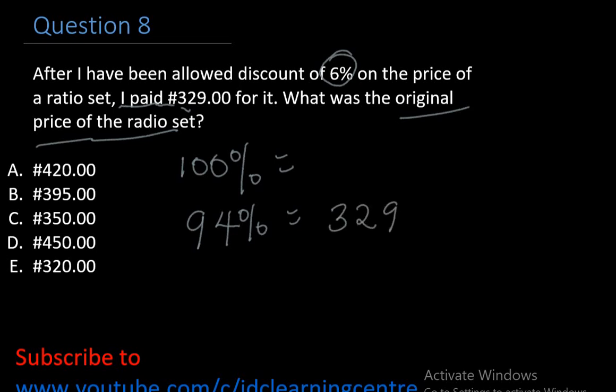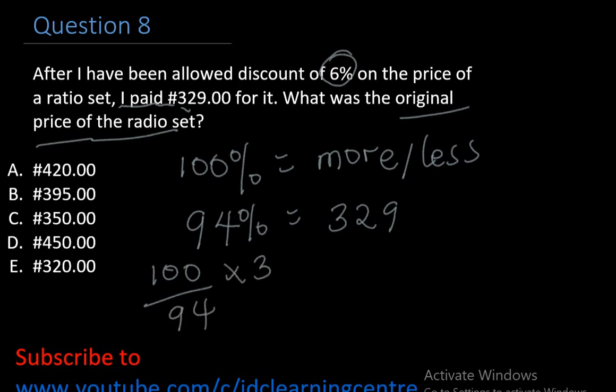So 94% was what he paid for, which is 329. The original price, which is 100%, will definitely be more than the price he paid, but that's what we are looking for. So we use the slogan for proportion: if more, less under. So the bigger one will be on top, 100, the lesser one will be under, times 329.